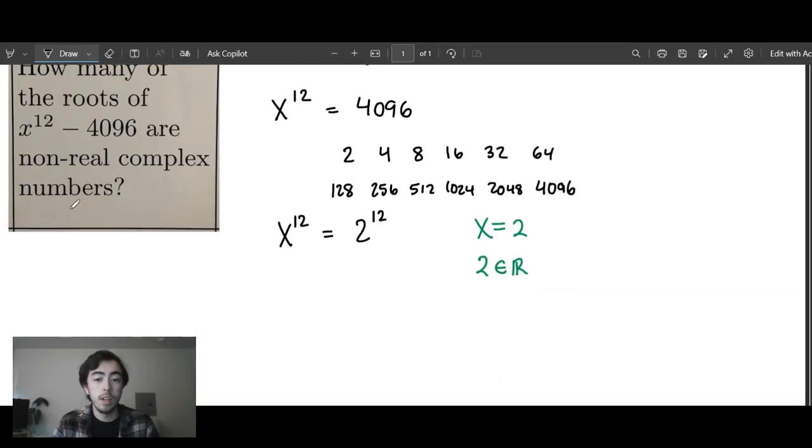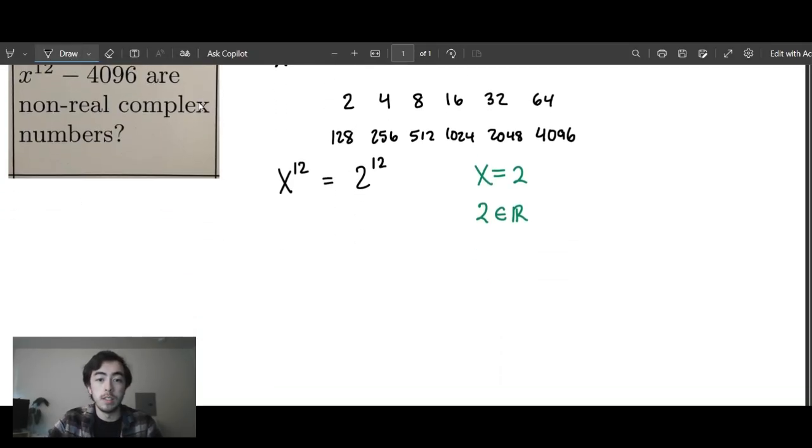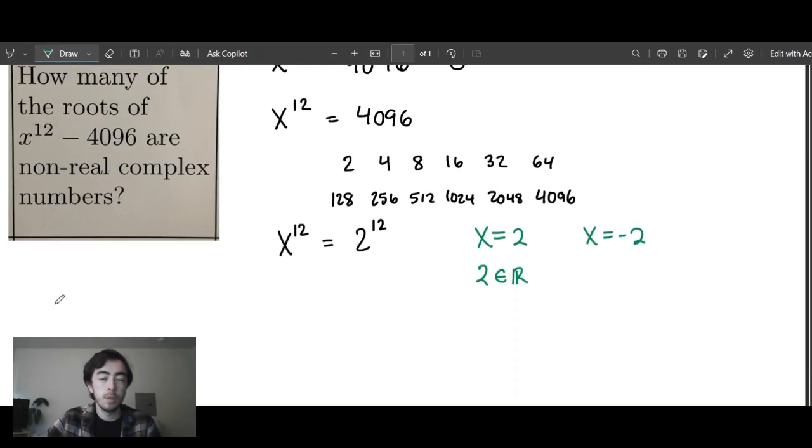Another real number that would work in this equation is negative 2. So let me also write that here, because you could imagine if we multiply negative 2 to itself over and over again, we're going to get, well, negative 2, positive 4, negative 8, positive 16. And then this pattern would just continue as we keep multiplying by more and more negative numbers.